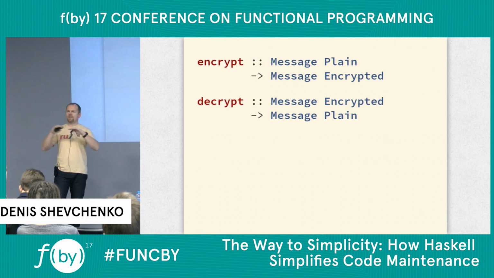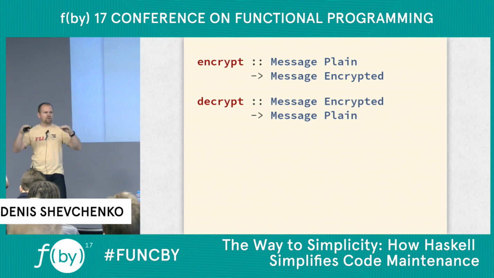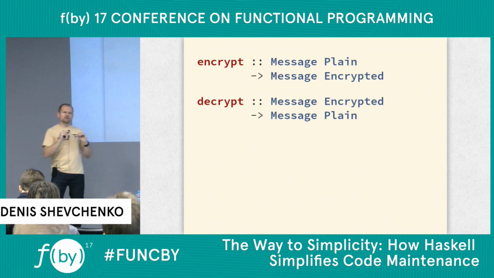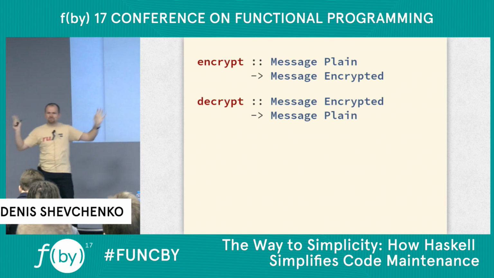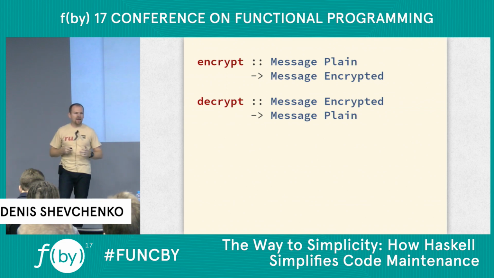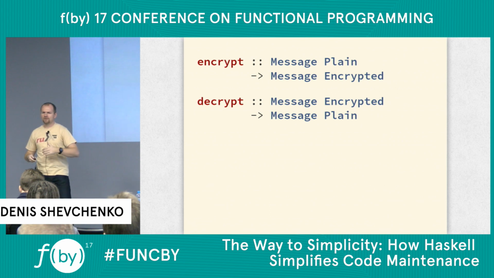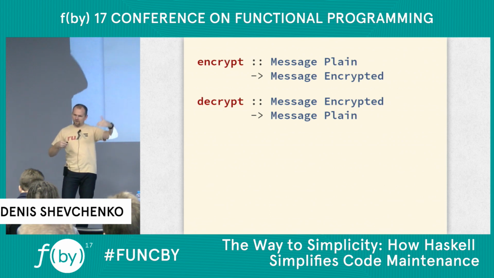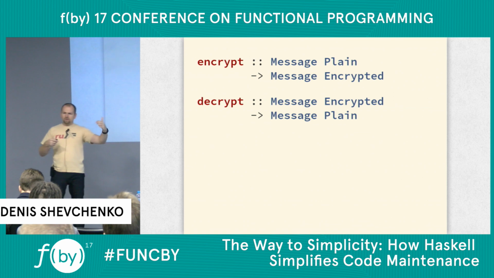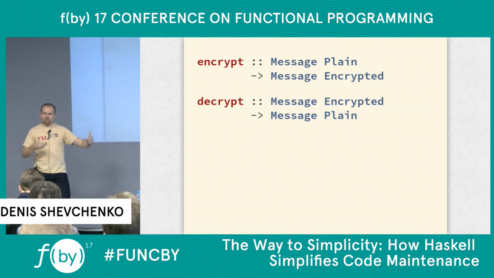Now we can express directly on the type level that encrypt takes a plain message, not just some message but a plain message, and returns an encrypted one, and decrypt vice versa. So in this case, we can easily reason about this code.